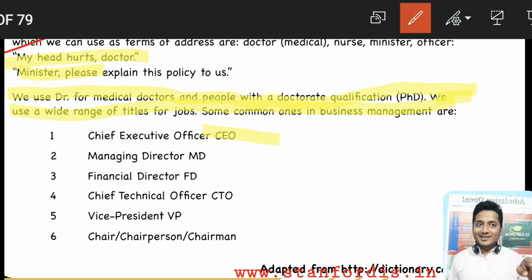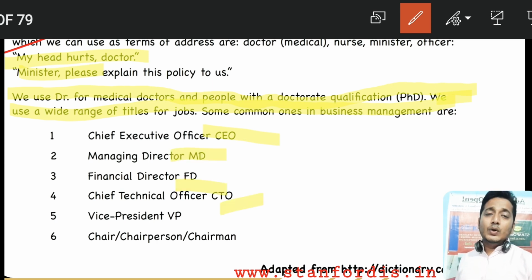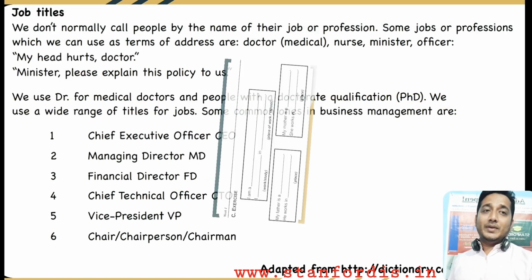This is the person who has the highest top position in a company. Managing Director, MD, FD, CTO, these are some more professional titles which we should know. I hope it is clear to you what a professional title is.